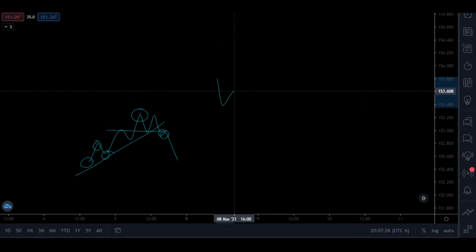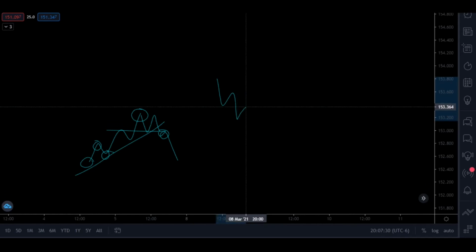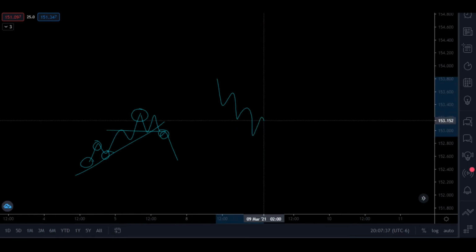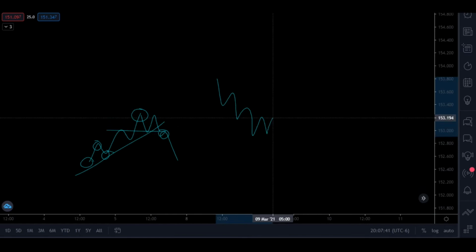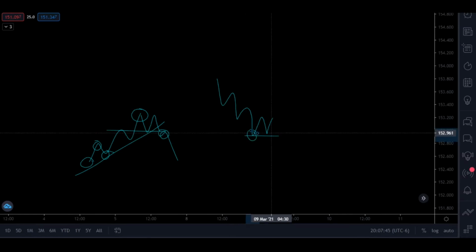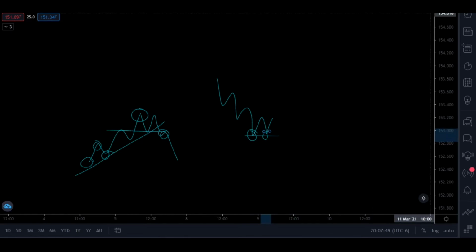You will have to first identify, that's step one, a clear trend. Okay, lower lows and lower highs. But after that, you will have to see price failing to break the previous low. Here you will have a low and price failing to break the previous low.